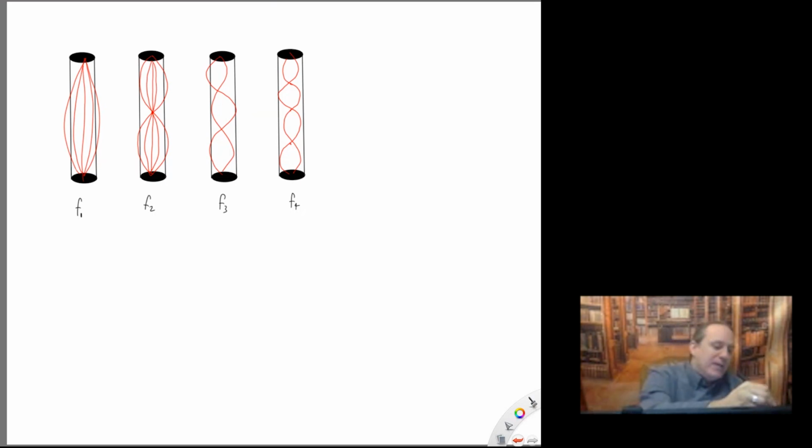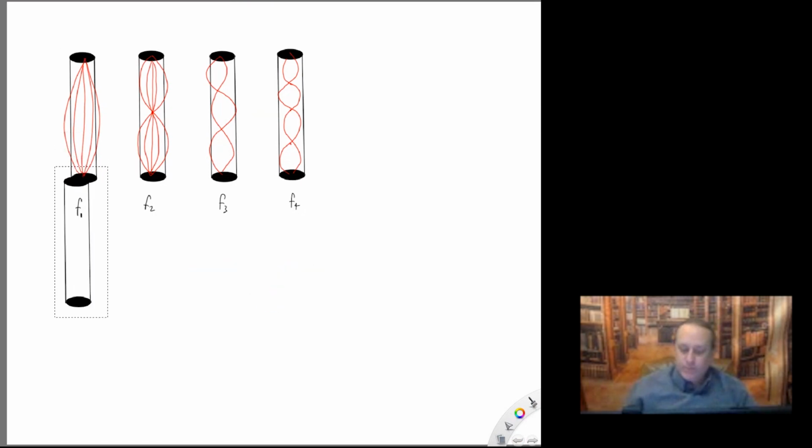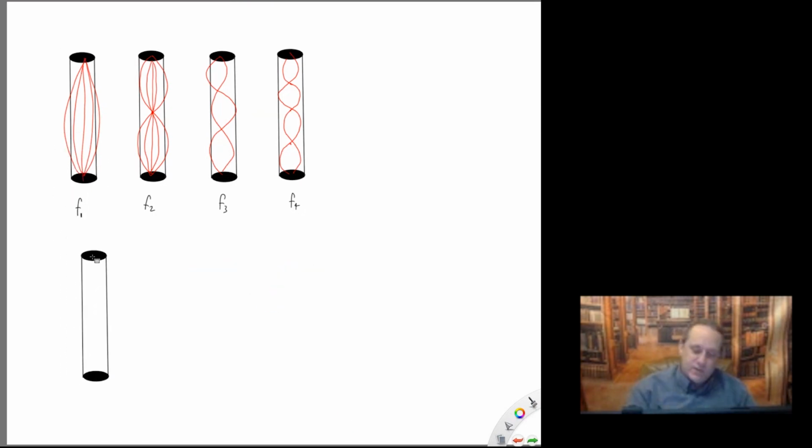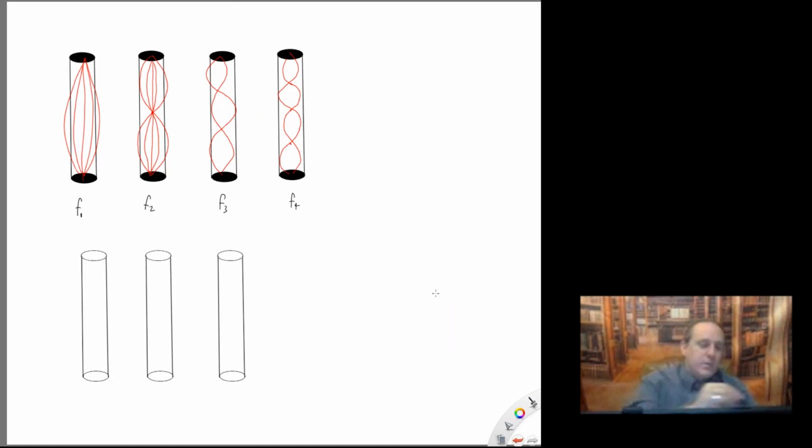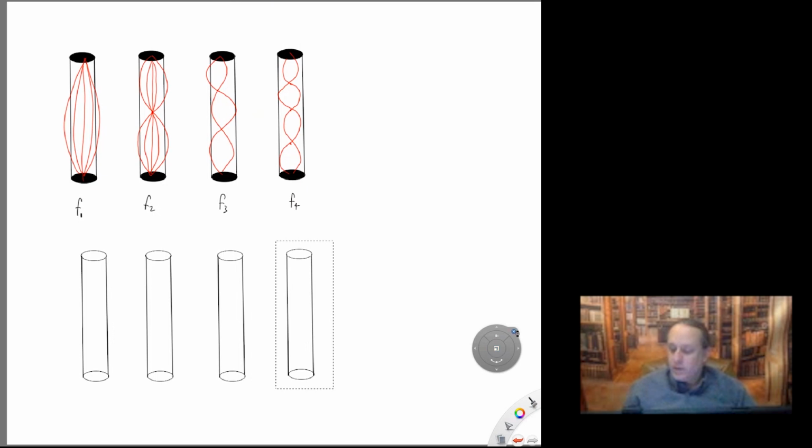So if we have both ends open, okay, if both ends are open, we have to have an antinode at each end. So I have to have an antinode here, and I have to have an antinode here.